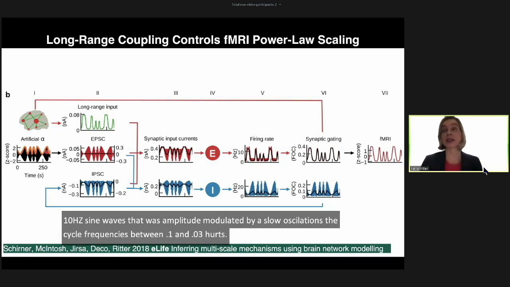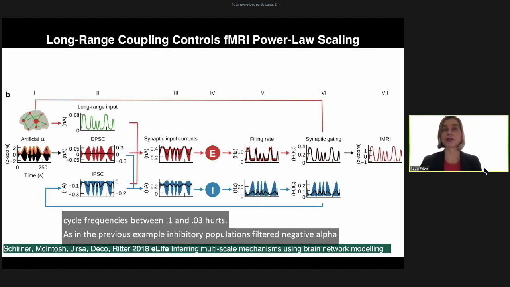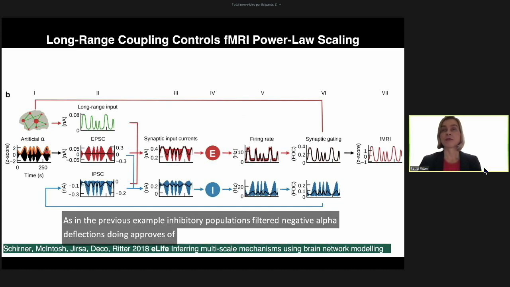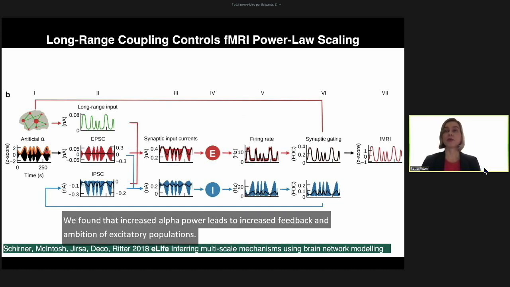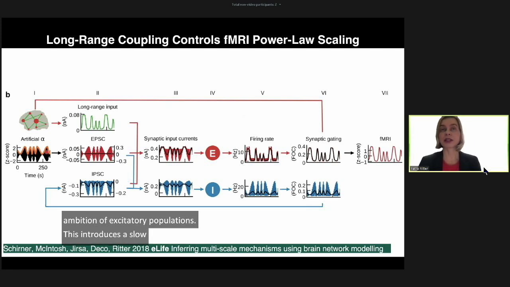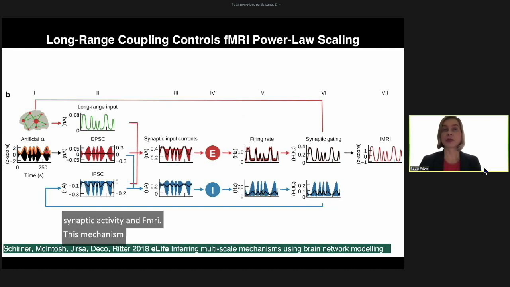As in the previous example, inhibitory populations filtered negative alpha deflections during epochs of increased power. We found that increased alpha power leads to increased feedback inhibition of excitatory populations. This introduces a slow modulation of population firing and subsequently synaptic activity and fMRI. This mechanism explains the empirically observed anti-correlation of alpha power and fMRI.